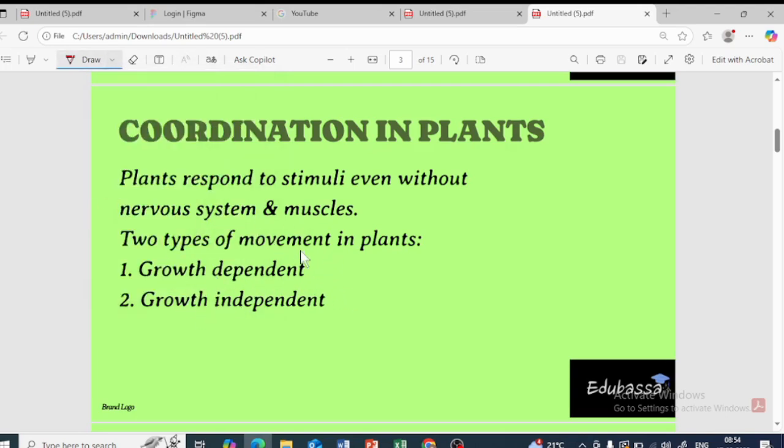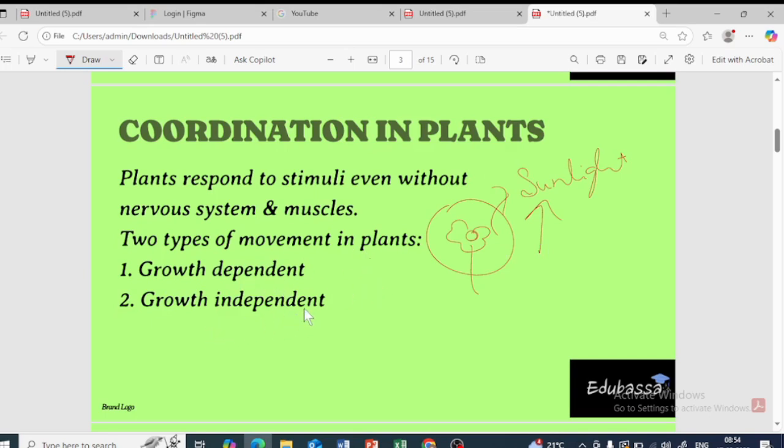As the name itself says, growth dependent means the plant movement that is taking place is because of the growth. I can give the example of the shoot part of the plant growing towards the sunlight, isn't it? It is growing towards the sunlight. So that is growth dependent movement.